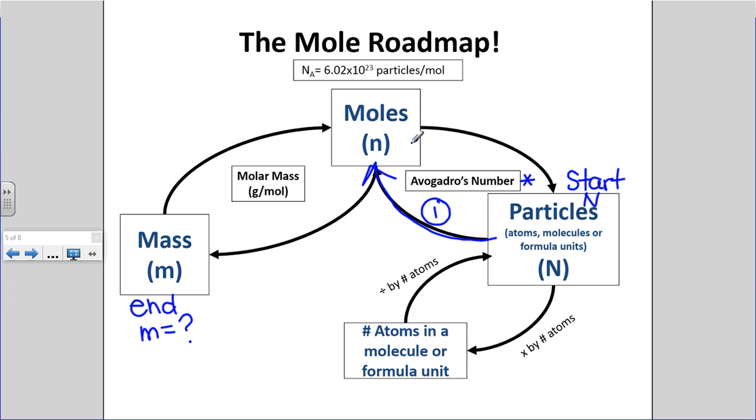Once we do that, we'll have a number of moles. Then we can move on to where we want to finish, or calculate at mass. This is going to be step 2. Step 2, to go from our number of moles to mass, we need to use the molar mass of the CoCl2. So to do our question, it's going to involve 2 calculations and 2 conversions.